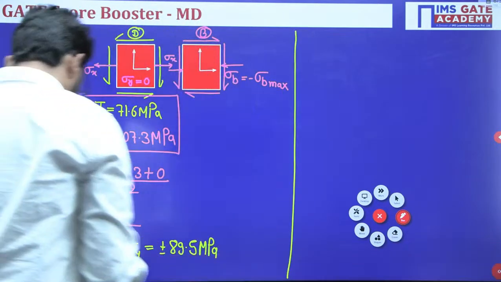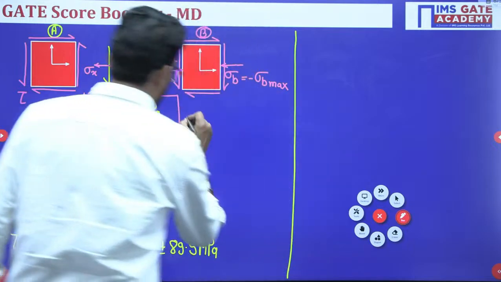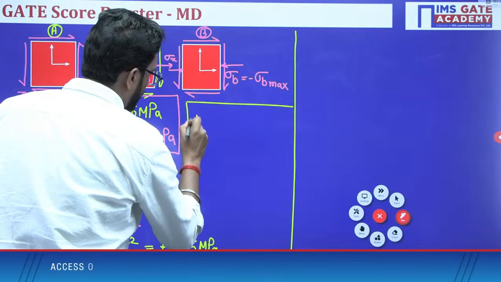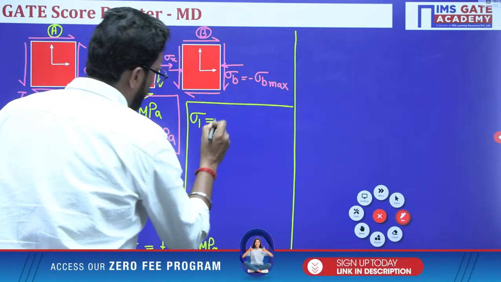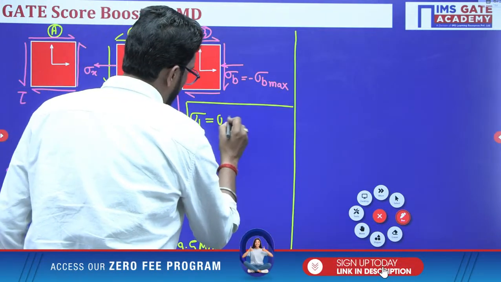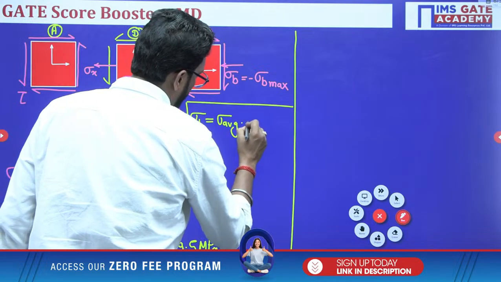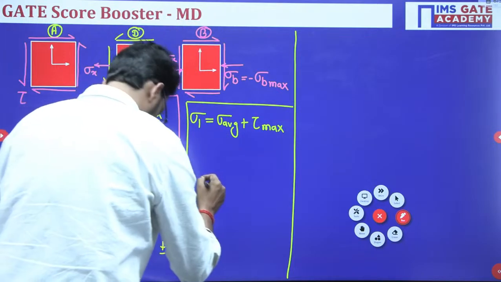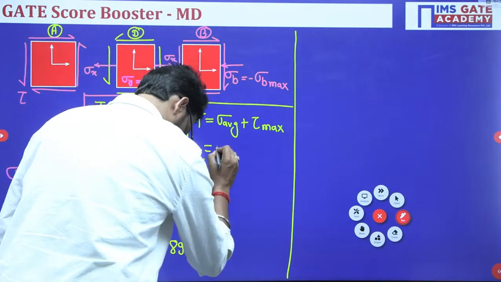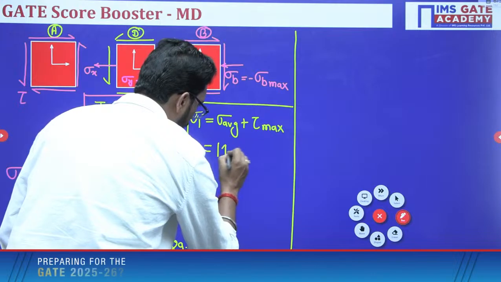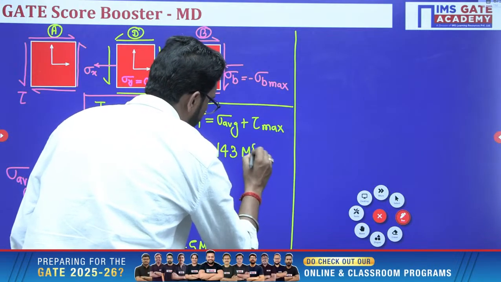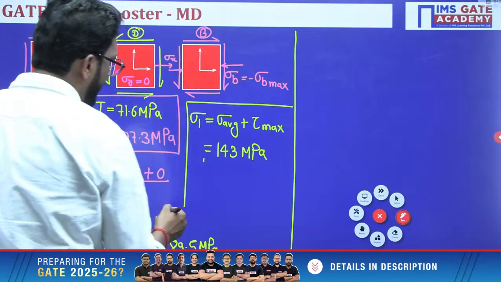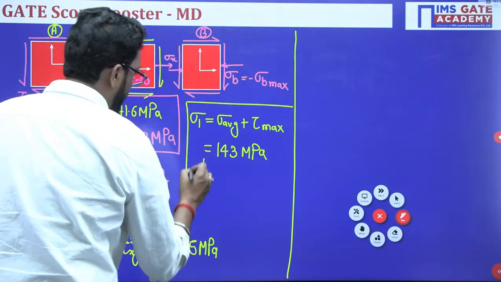Now sigma 1 is what? The maximum principal stress is sigma average plus tau max. This is your radius. If you put these values in, it is 143 megapascal. Here, sigma 1. And what is the minimum?